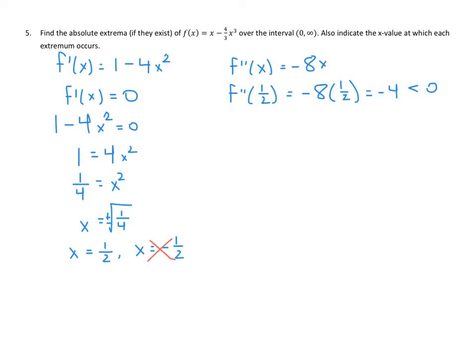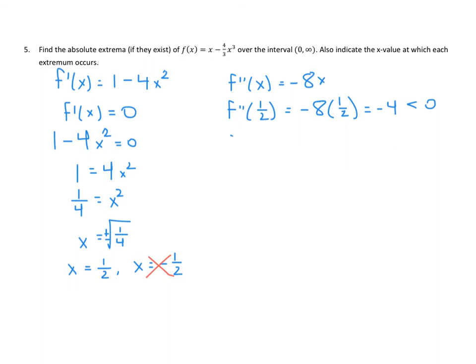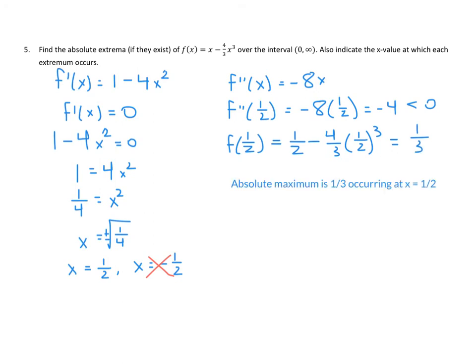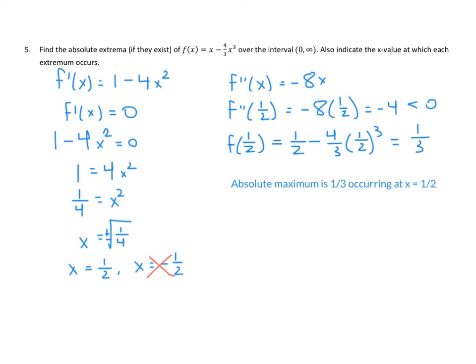To determine what that absolute maximum value is, we're going to plug 1/2 into our original function. So f of 1/2. So we have 1/2 minus 4/3 times 1/2 cubed. When we simplify, that comes out to be 1/3. So our absolute maximum value is 1/3, and that is occurring at x equal 1/2.